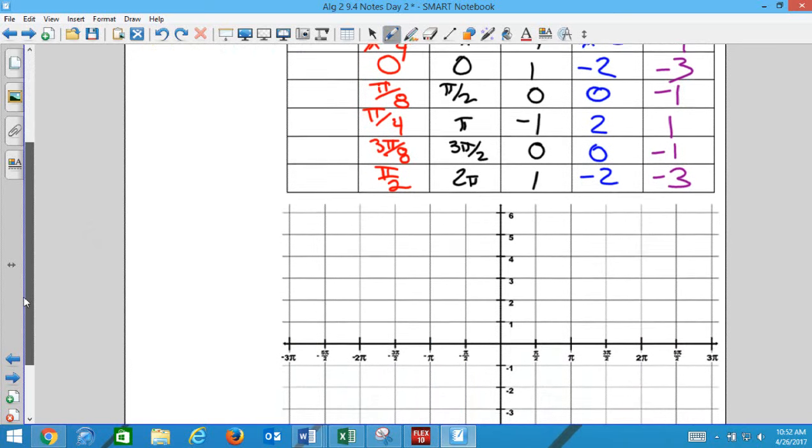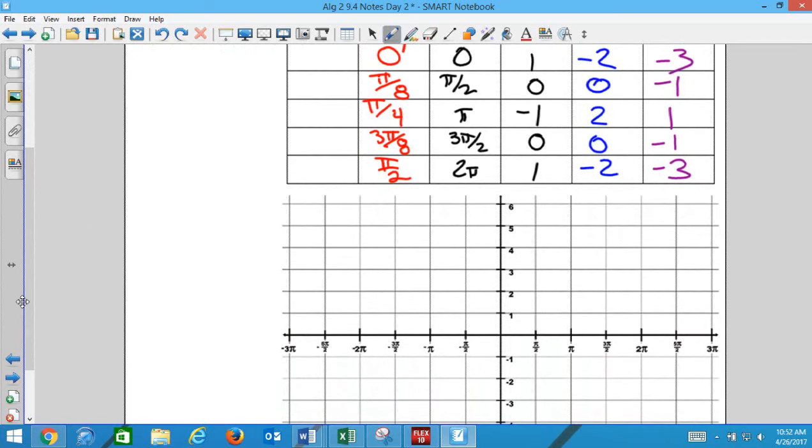So I put the values in the chart, and I'm going to graph them.